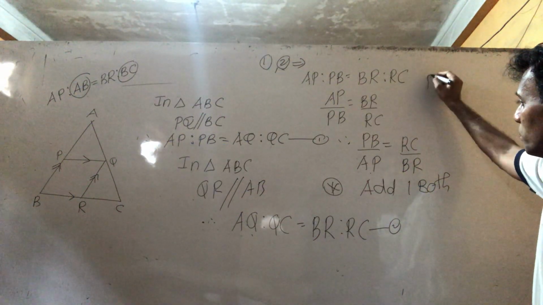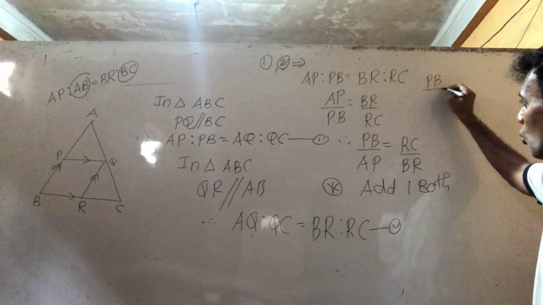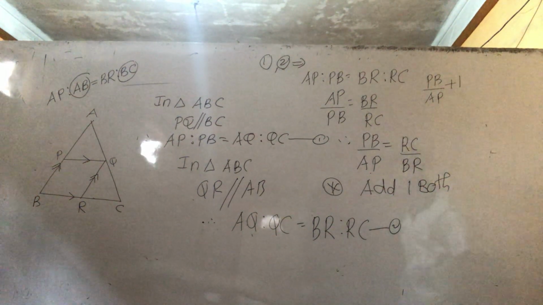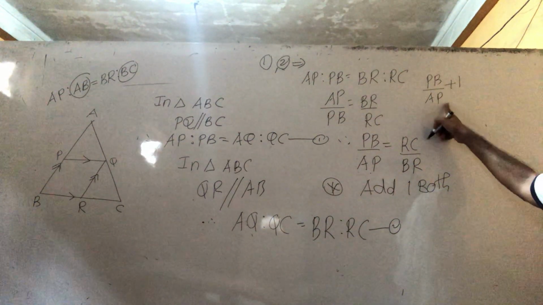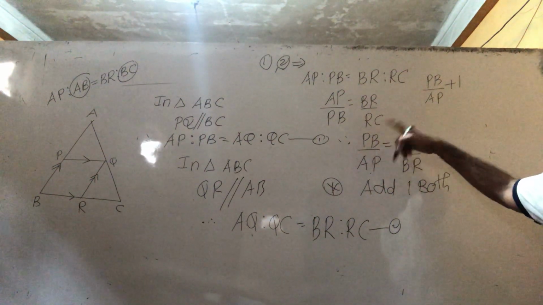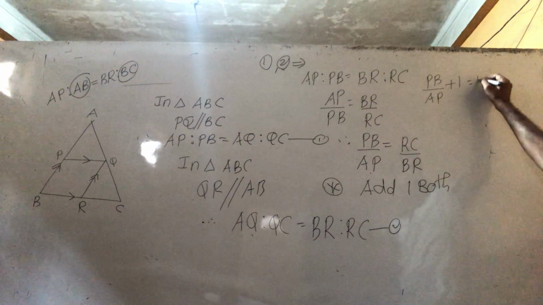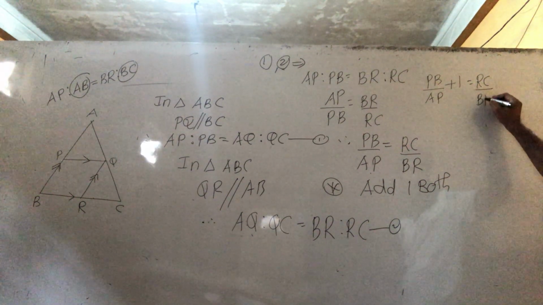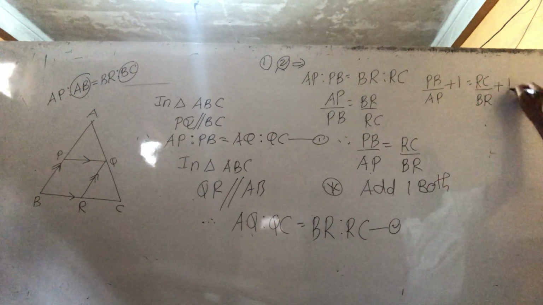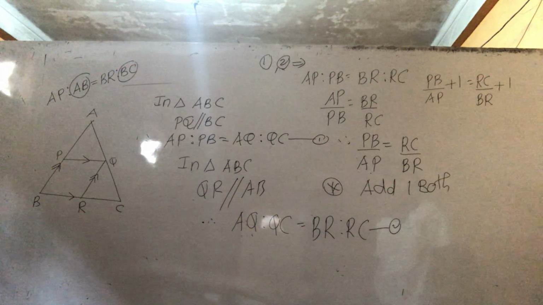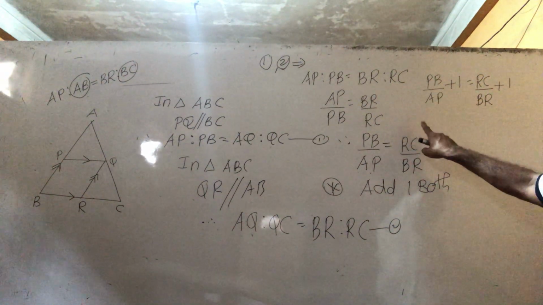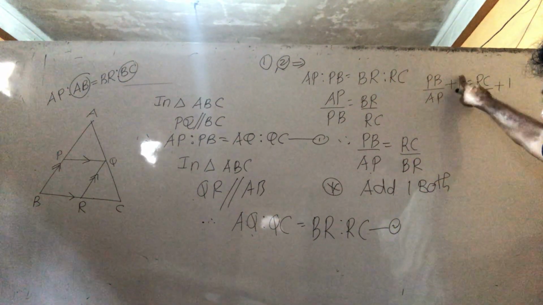So PB over AP, add one. This would be wrong if I add here only, therefore add on the other side also: RC over BR, add 1. Now simplify with the LCM idea, the algebraic fraction pattern, multiply by the LCM.